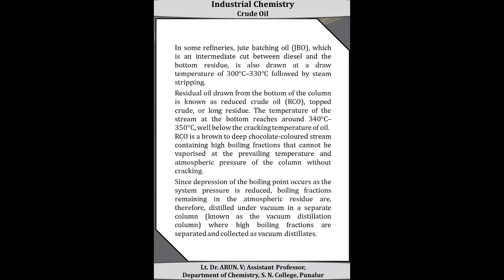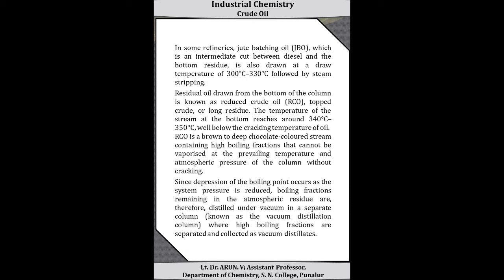The temperature of the steam at the bottom reaches around 340 to 350 degrees, well below the cracking temperature of the oil. The reduced crude oil RCO is a brown to deep chocolate colored stream containing high boiling fractions that cannot be vaporized at the prevailing temperature and at atmospheric pressure of the column without cracking.